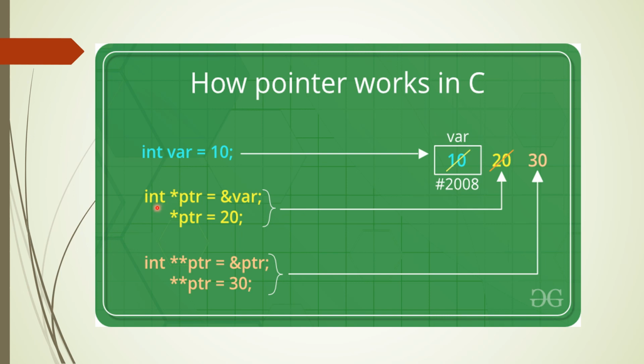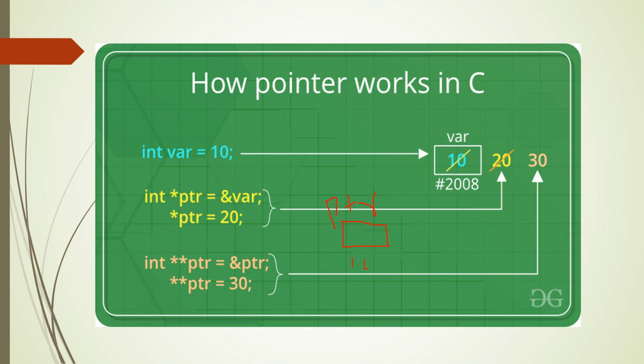Now when the statement int star ptr is equal to address of var is executed, another block of memory is created with the name ptr, and this is also associated with some base address.